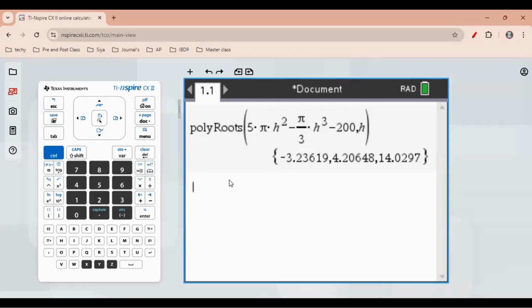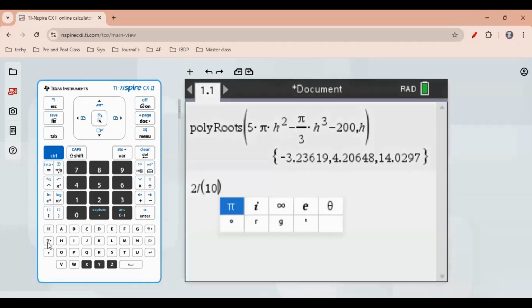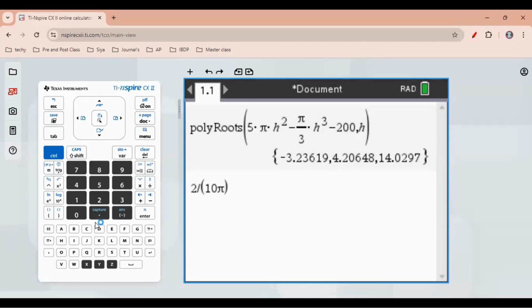So we are solving almost like 2 divided by, use the bracket, and then 10 pi times 4.21 is what we have selected, minus pi 4.21 square times, again for this a bracket, 4.21 and a square.